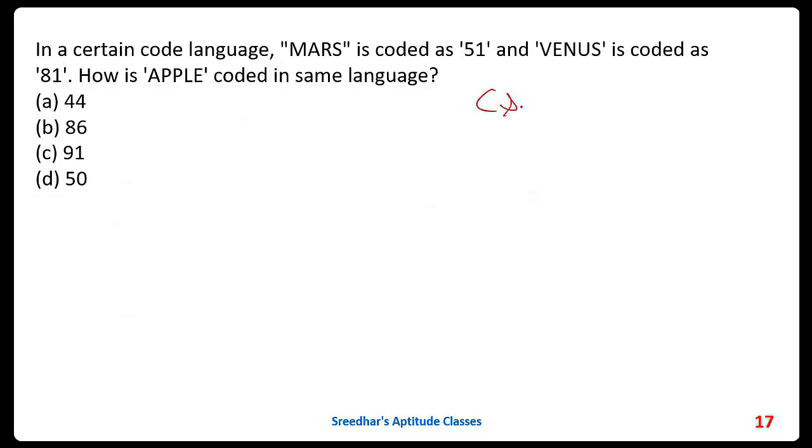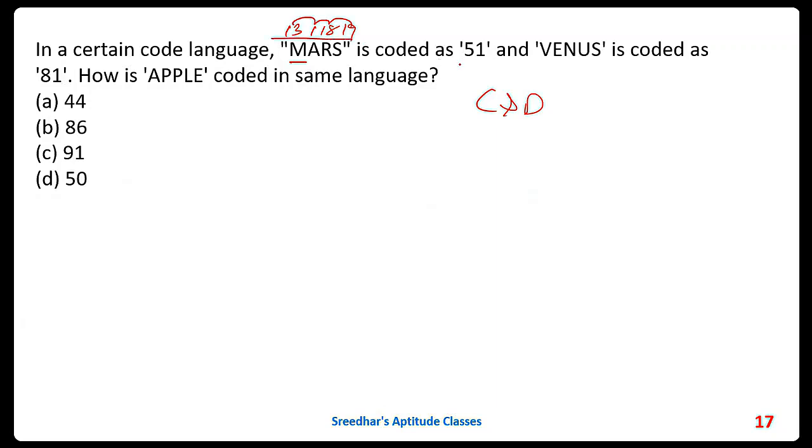This is from coding decoding. Right. So here in Mars, if I add M13, A1, R18, S19, on adding all of them, I'm getting 51.